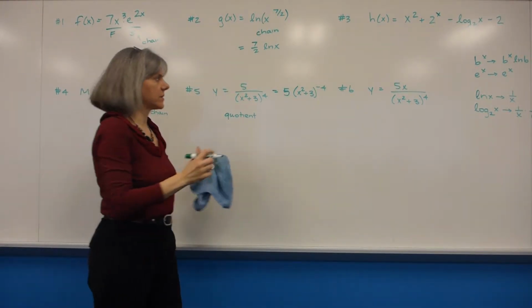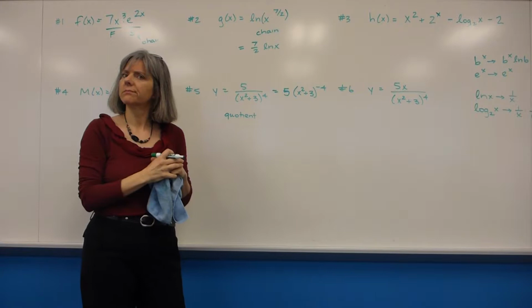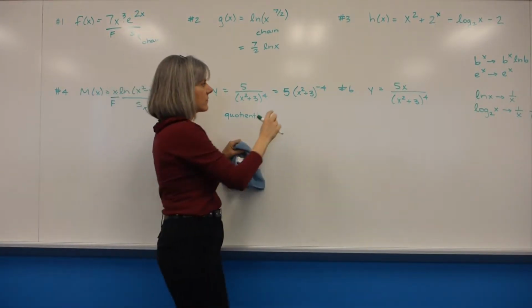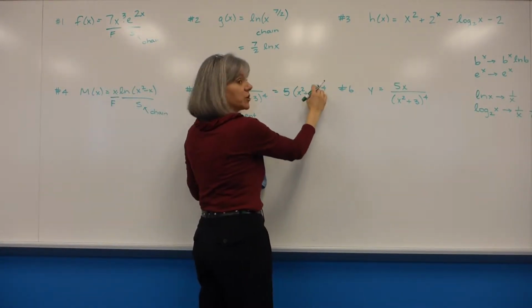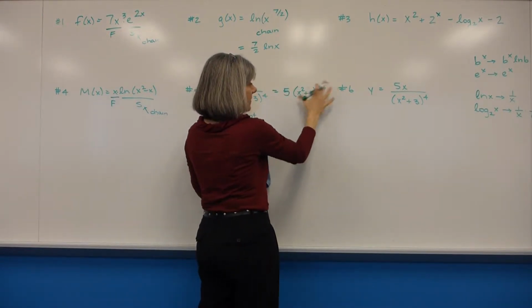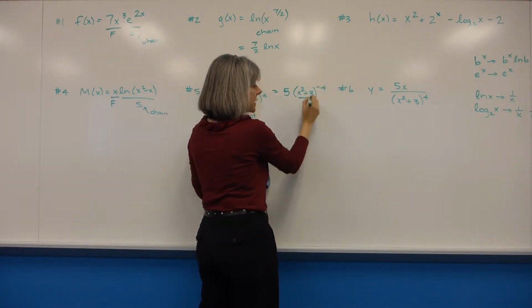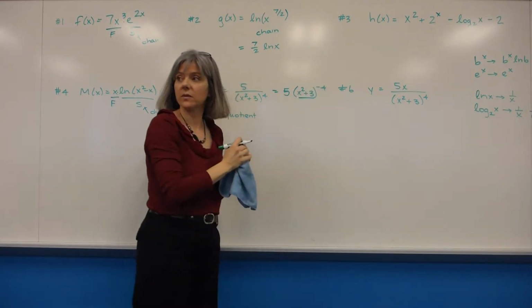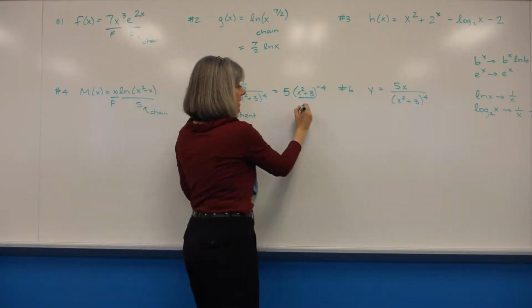Now I've got a to the, so that means I've got some sort of chain rule. This is the inside raised to the -4. So this would be power and chain.